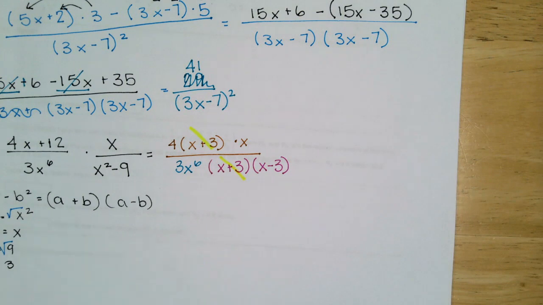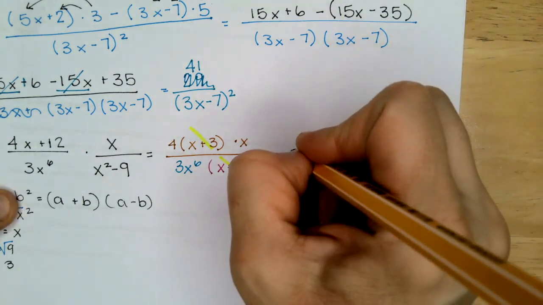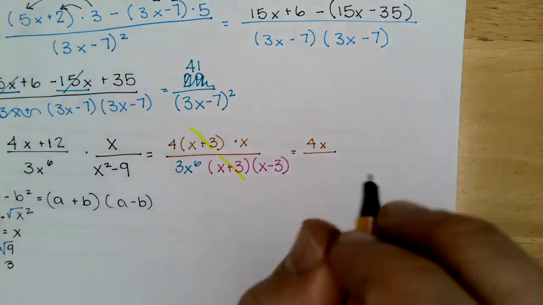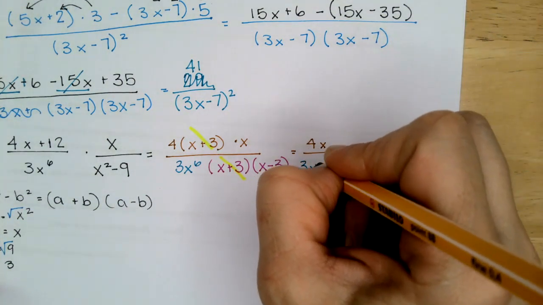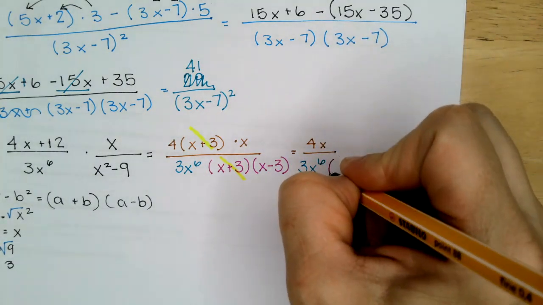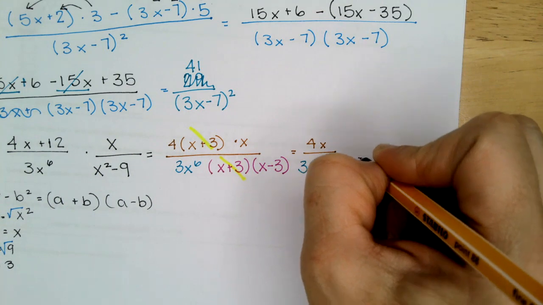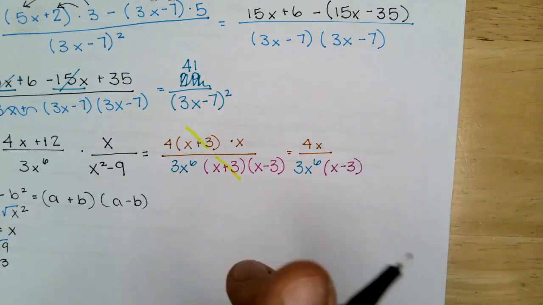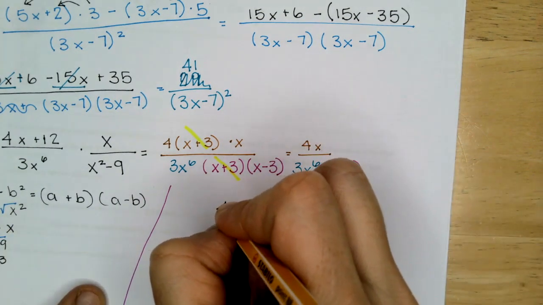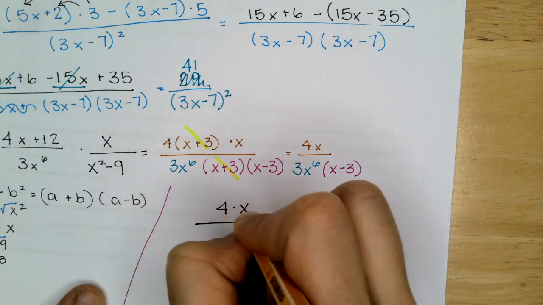Now on the top, I have 4x. On the bottom, I have 3x to the 6th times x minus 3. So these are all being multiplied, right? If I were to write this out further, it would be 4 times x on the top.